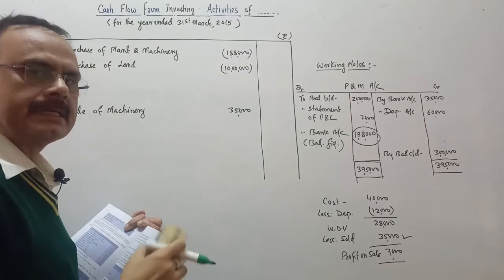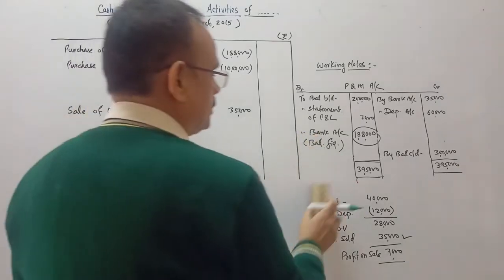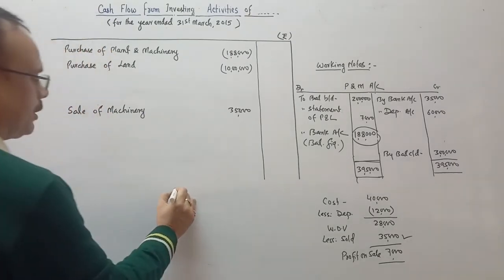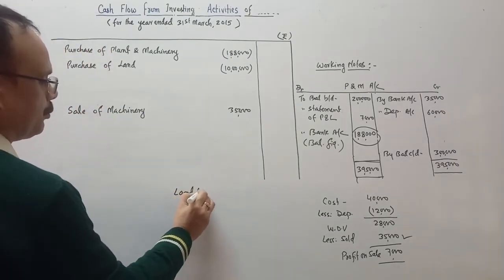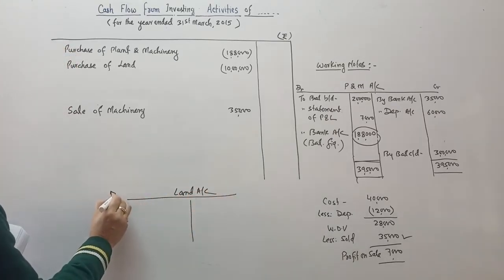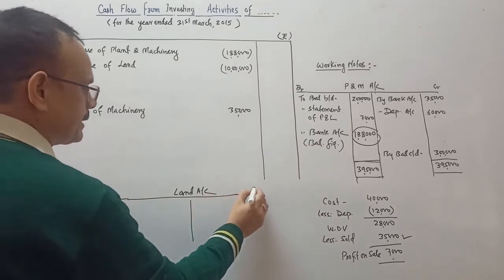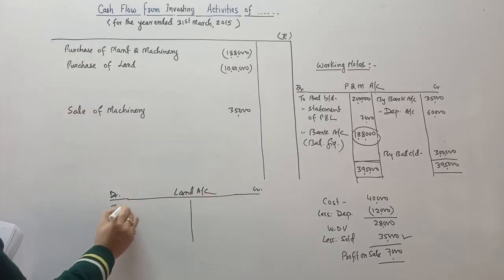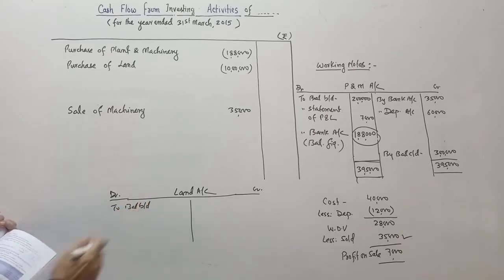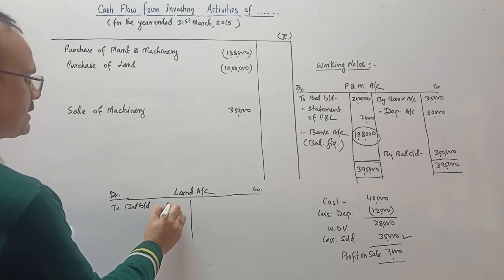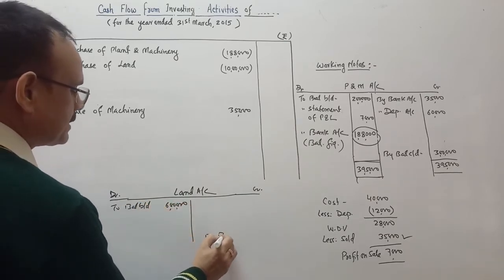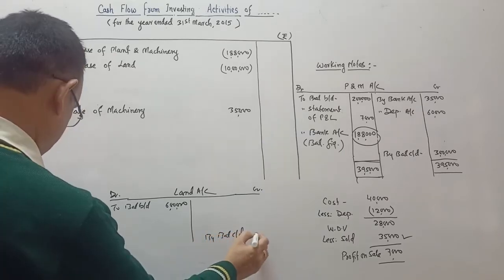So is it necessary to prepare the land account? Okay, I am going to prepare the land account. This is your debit side, and this is your credit side. The opening balance, to balance brought down, is given in the question. The 2014 figure will be the opening balance for 2015, so opening is this, closing is 16 lakhs.